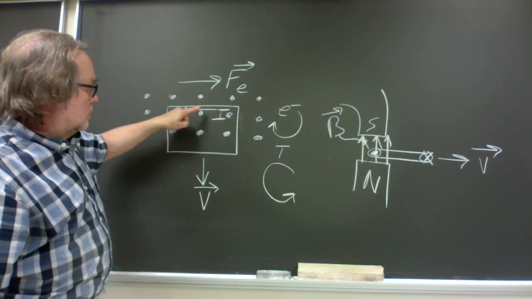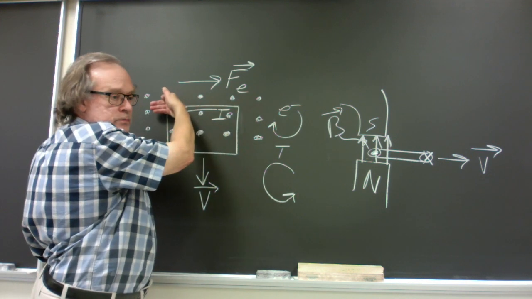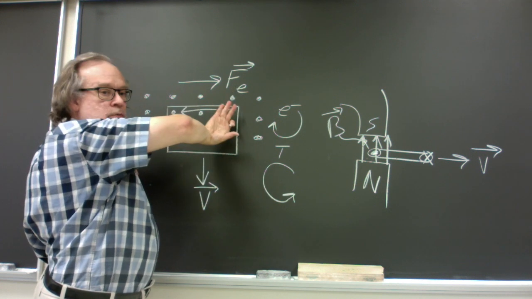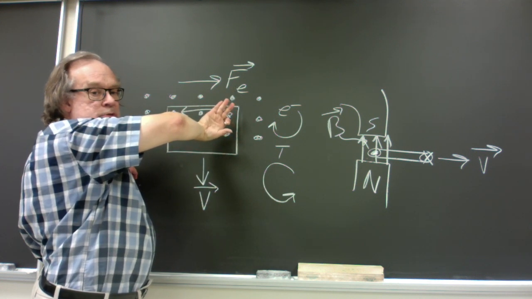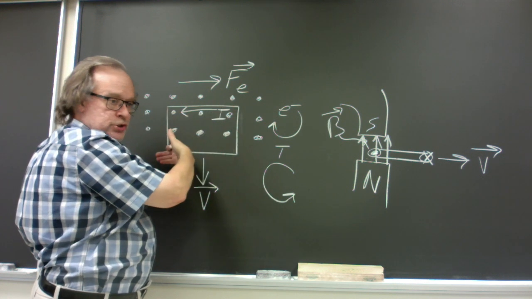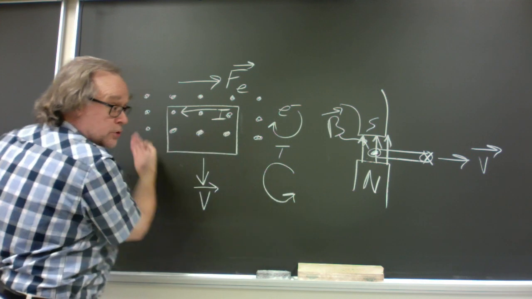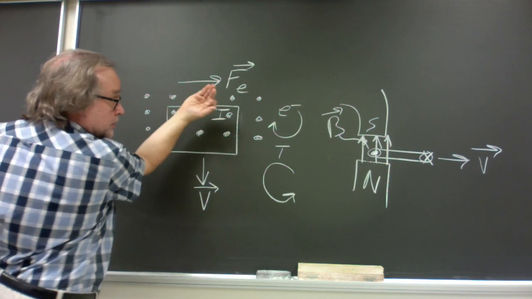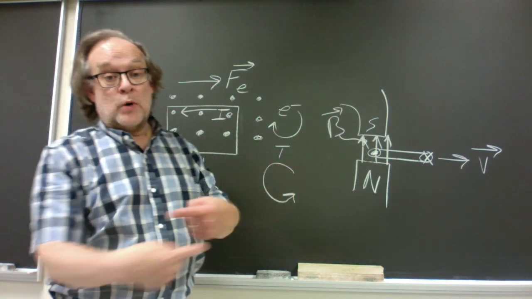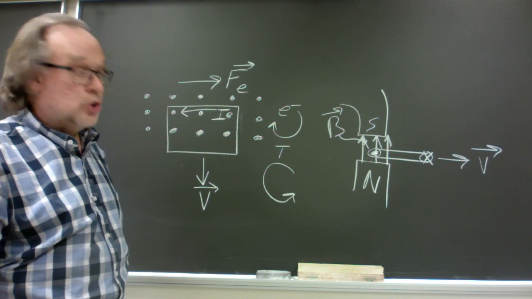You'd have one side of the loop in which current was pushed one direction, creating a counterclockwise current, and then another side of the loop being pushed by force of the same direction, but since it's on the other side of the loop, that creates a current that flows in the opposite sense, clockwise, and then a clockwise and counterclockwise current just cancel each other out for no net current.